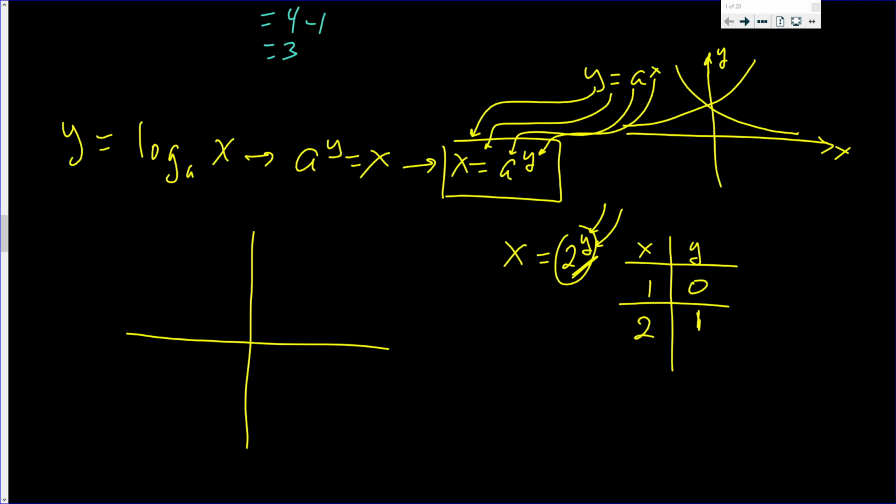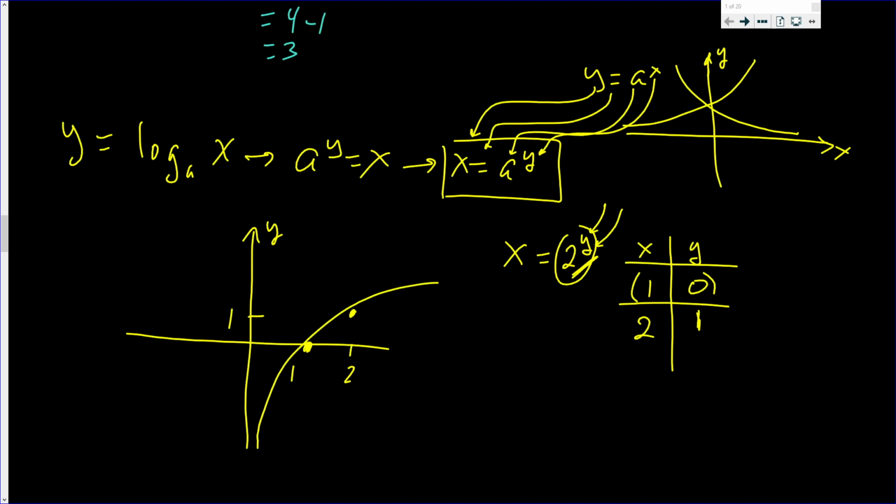Okay, so 2 points. When x is 1, y is 0. That's right there. And when x is 2, I go up 1. And I have to get closer and closer this time to the y-axis. Oh, you mean it goes like that?